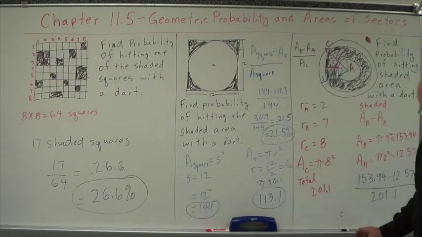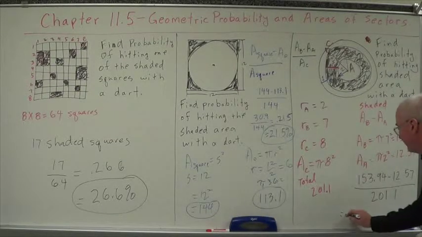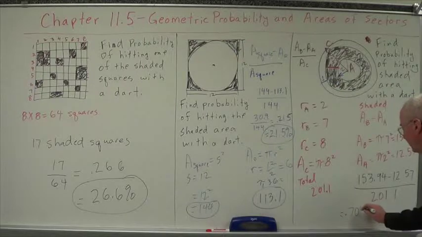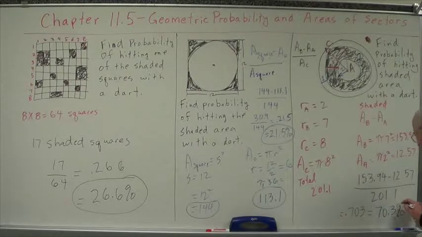Find out what that equals. 153.94, subtract 12.57, divide all that by 201.1. We get 0.703, and that equals 70.3%.